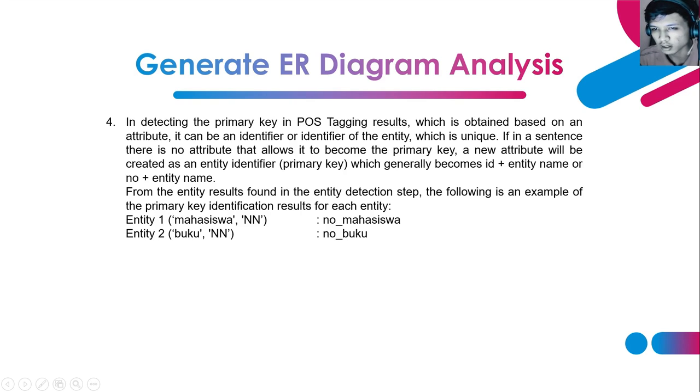From the entities found in the entity detection step, the following is an example of the primary key identification result for each entity. Entity 1 is mahasiswa with tag NN, and the identifier is no mahasiswa. Entity 2 is book with tag NN, and it has the identifier no buku.